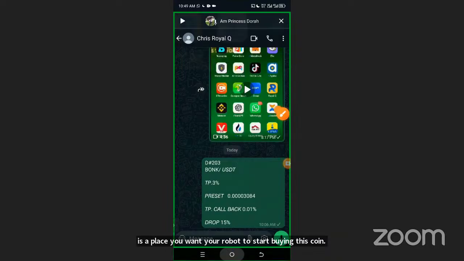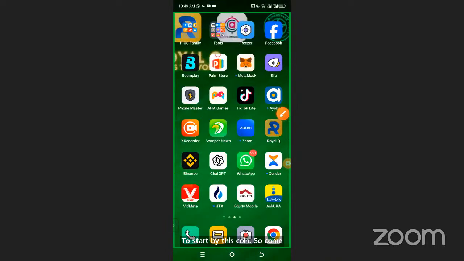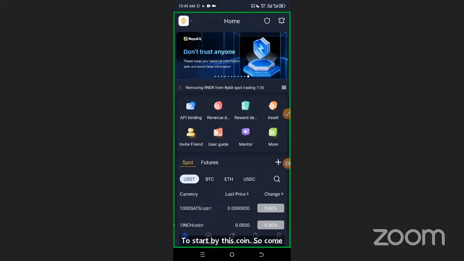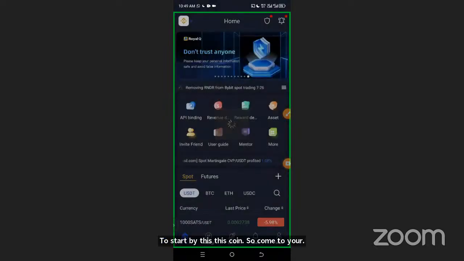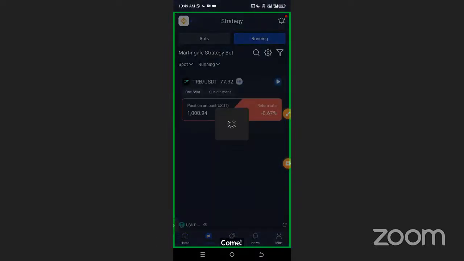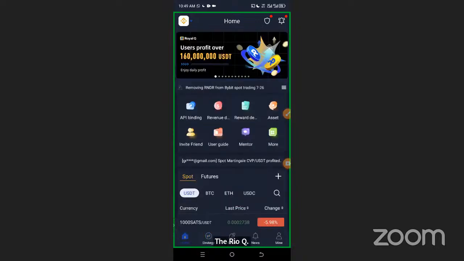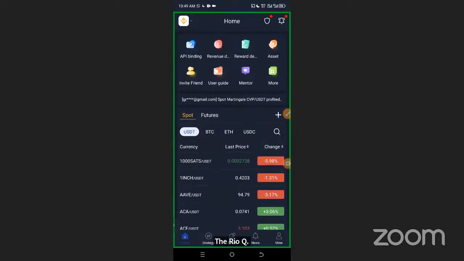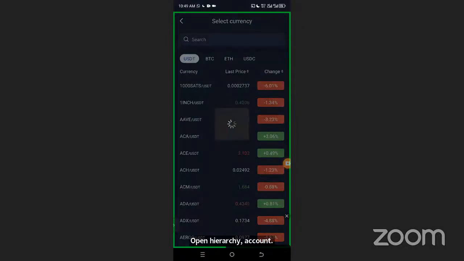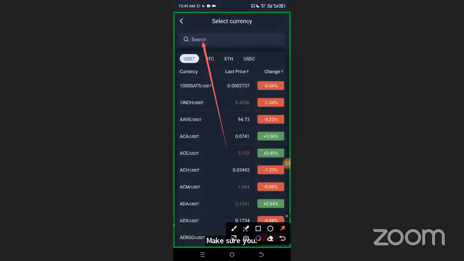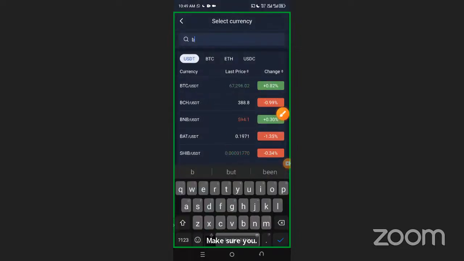So come to your EuroQ. Open your EuroQ account. Come here to the search engine. Type in the name Bonk.